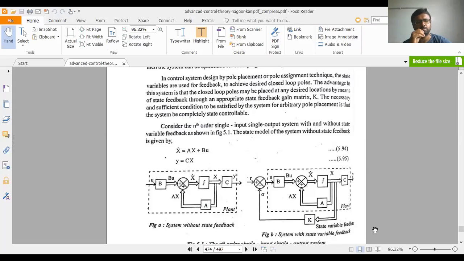That means with the involvement of feedback, one stability is obtained, and without the involvement of feedback, we obtain another stability. So in control systems, by the pole placement technique or the pole assignment technique, the state variables are used as feedback.